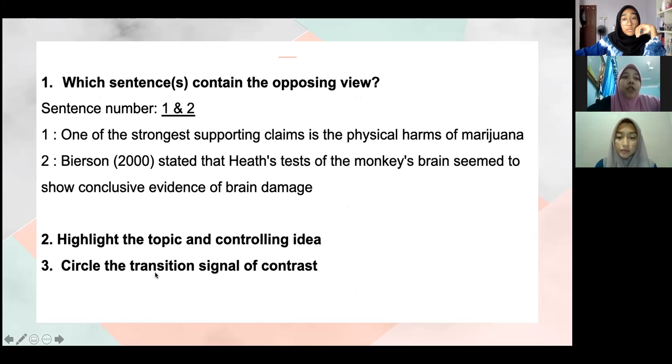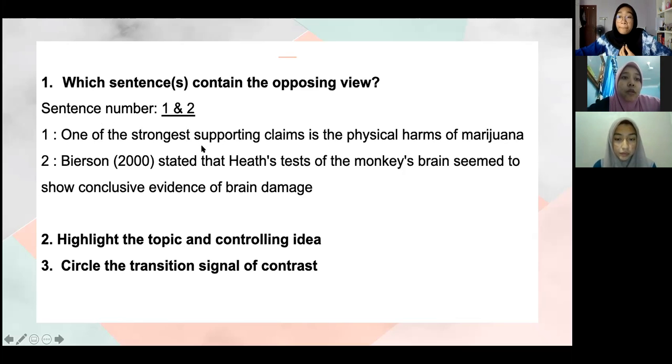There are 3 questions. The first question is, which sentence contains the opposing view? As we know, an opposing view is a viewpoint that opposes your own view, so it shows the objection to our opinion. As I read in body paragraph 1, I found that the opposing view is sentence number 1, which is one of the strongest supporting claims is the physical harms of marijuana.